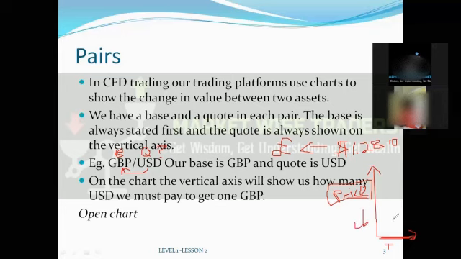If the dollar goes weaker, it means the pound becomes more expensive, so we'll see the chart on GU going up. Remember, this is price. If price is going up, it means that the pound is becoming more expensive, okay?